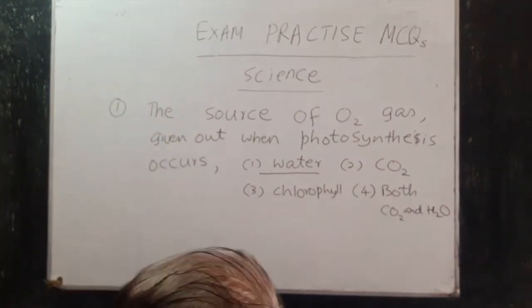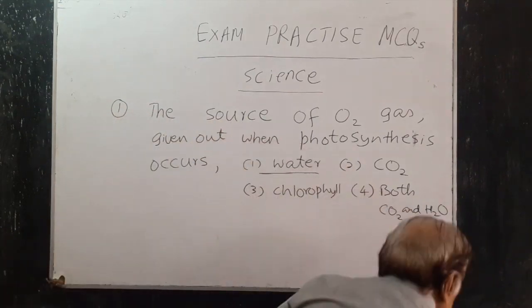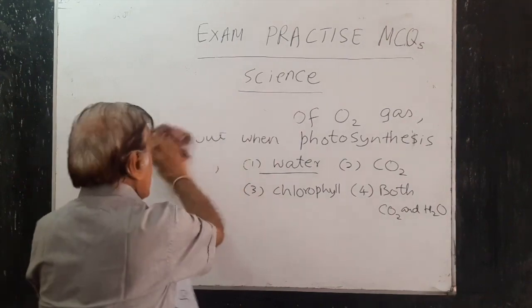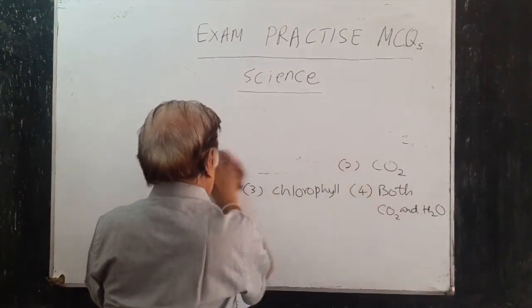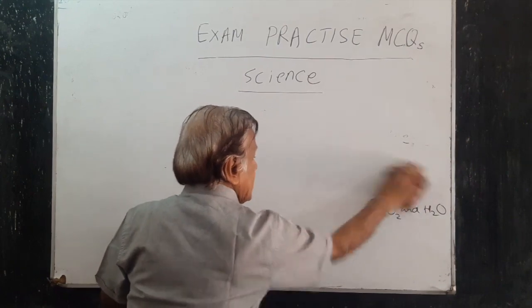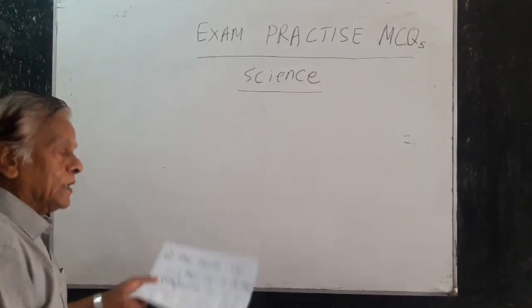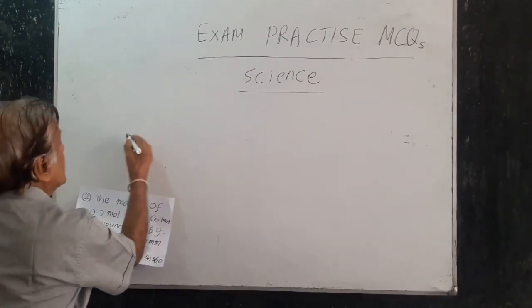Now let us do the second question. I'll read this. You can actually take it down in your exercise book, and then you can read the question and select the answer.